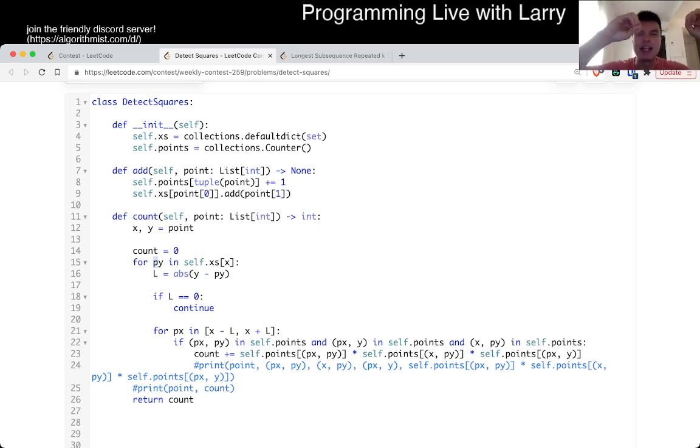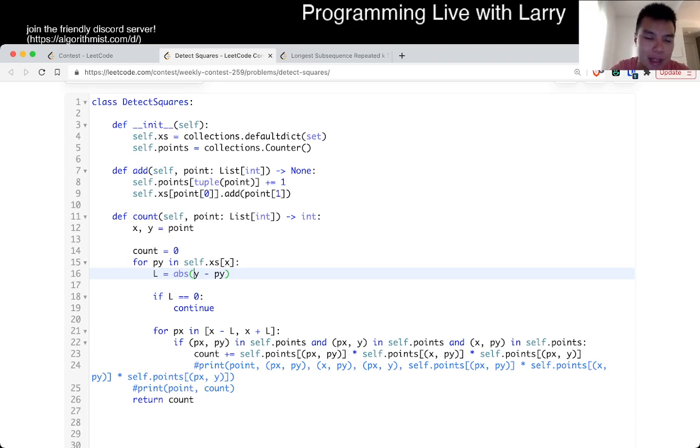But for everything that shares the same x on the horizontal line, we look at every vertical slice. And here we get the length, which is equal to y minus py. That's just the length of the difference between where you are and where it is. So then you get the length. The length is important because now you're able to do up and down on the square.